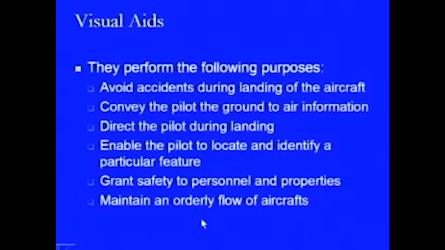Another important thing is that it also maintains an orderly flow of aircraft. This is another important aspect, because if these types of markings are not provided, say there is a runway strip which is utilized for unidirectional operations, that is from one end there is a takeoff and from the other end there is a landing, then in that case the aircraft cannot do the opposite operation on these particular ends.